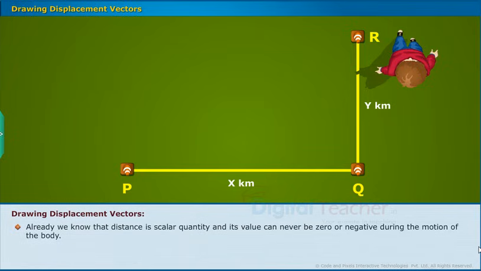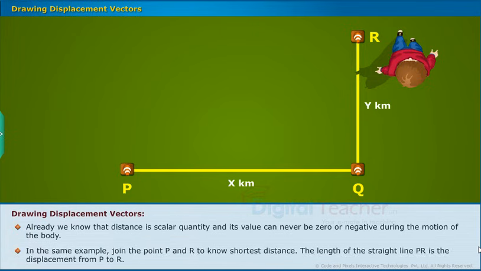Already we know that distance is a scalar quantity and its value can never be zero or negative during the motion of the body. In the same example, join the point P and R to know the shortest distance.